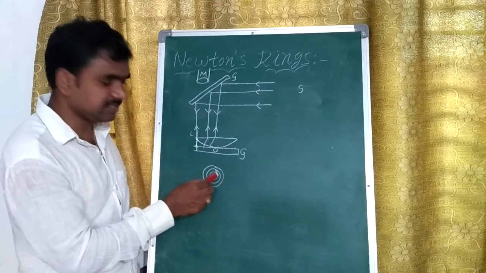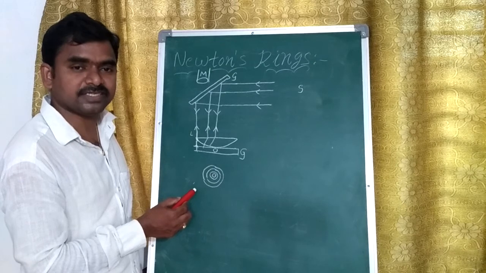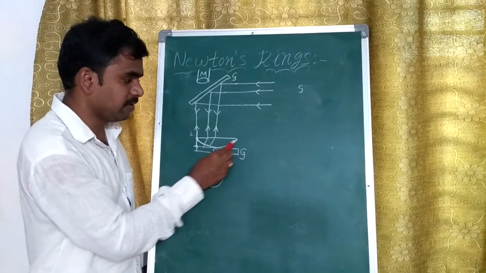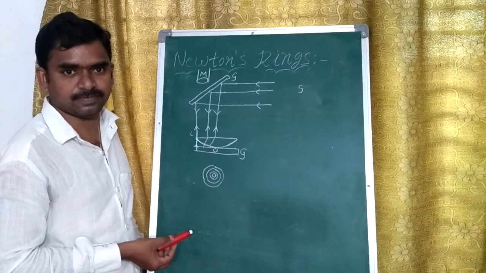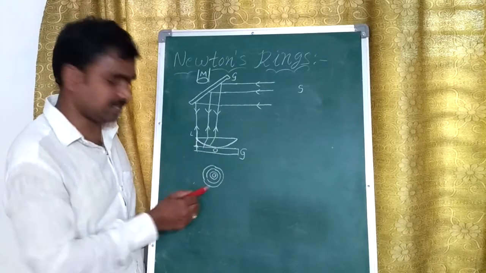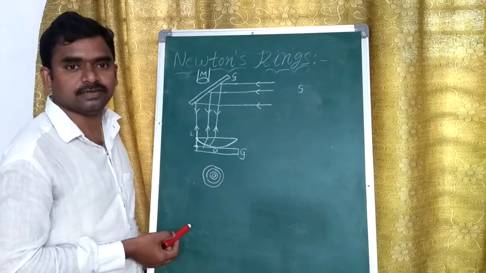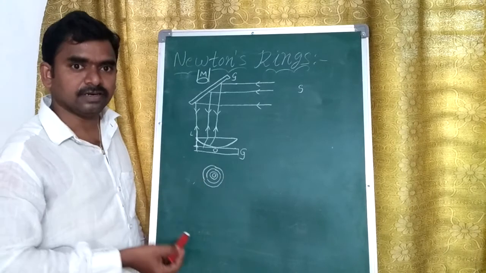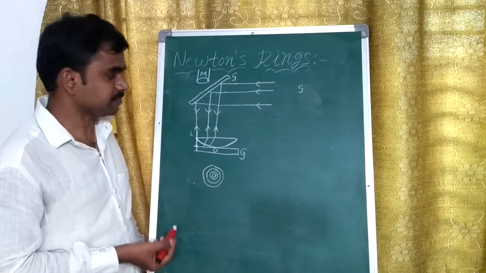How does the radius of the rings depend upon the radius of curvature of the plano convex lens? How does the wavelength depend upon the radius of the ring? I will explain all these based on some mathematical expressions.